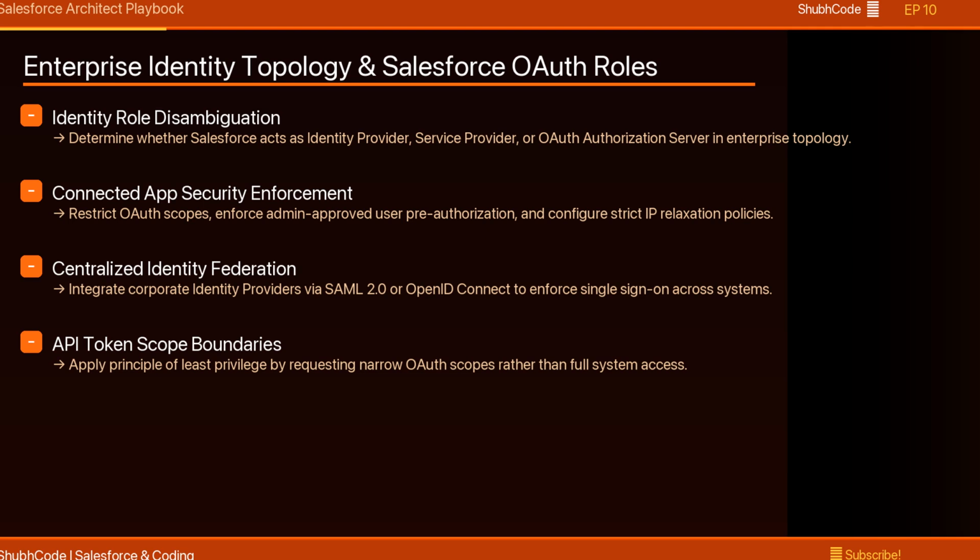Connected apps serve as the primary gateway for regulating external API access, defining scopes, IP relaxation, and OAuth policies. Misconfiguring connected app security policies is one of the most frequent findings in CTA review boards. A robust topology always decouples identity assertion from API authorization.